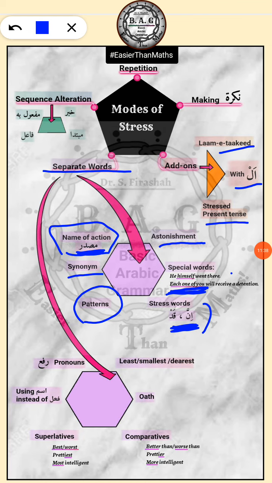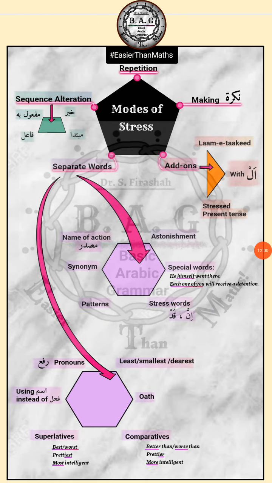We will do qad and many other words that are stress words. Why do I call them stress words? They are called stress words because they mean stress. They are words such as undoubtedly, verily, indeed. So they are actually the stress words. That's why I called them stress words.